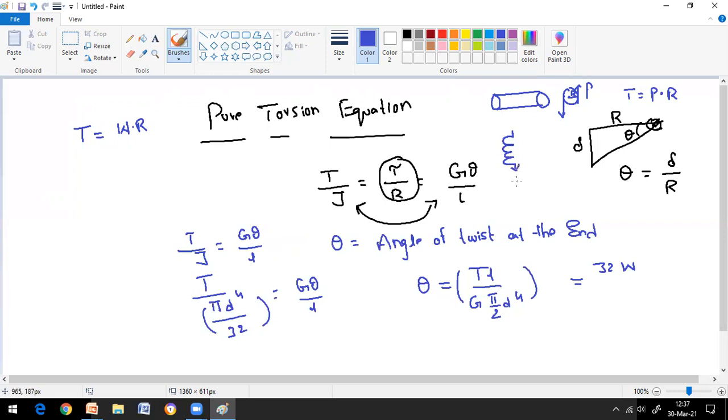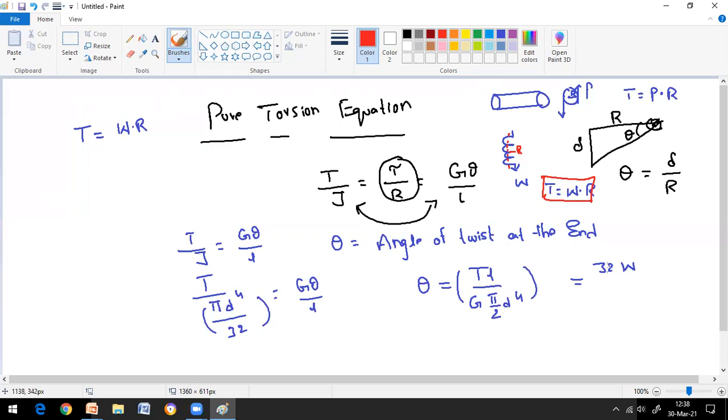When it is subjected to load W, the torsion is load with respect to the radius of the coil, W into R, which is nothing but the torque of the spring.